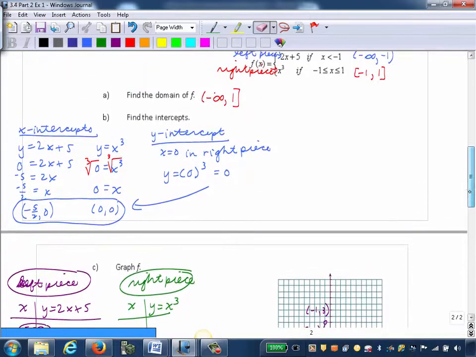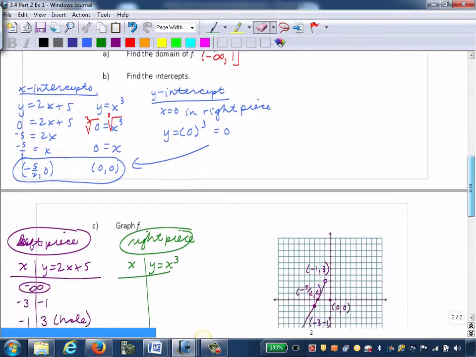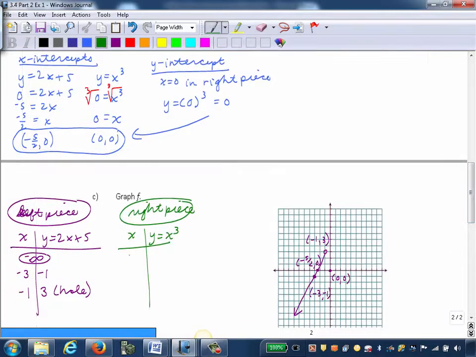The definition of this piece says that it starts at negative 1 and stops at positive 1, and it includes both of those. There's equals on both inequalities, so those will be filled in circles. Here I have a distinct left boundary and right boundary that I have to plot. When you graph these piecewise defined functions, you have to graph the left and right boundaries, if any.